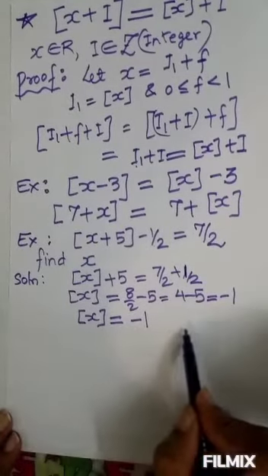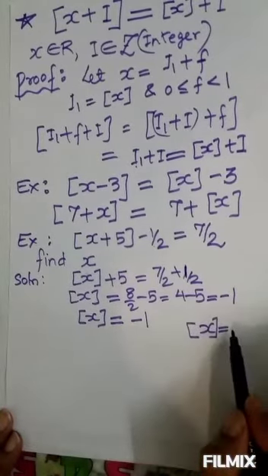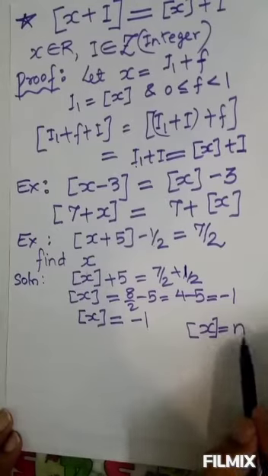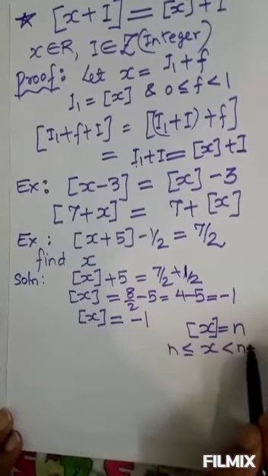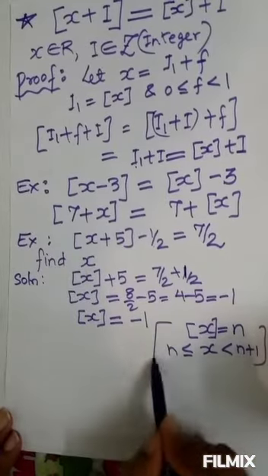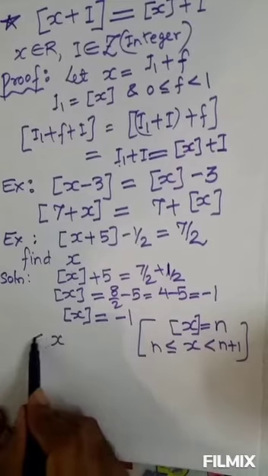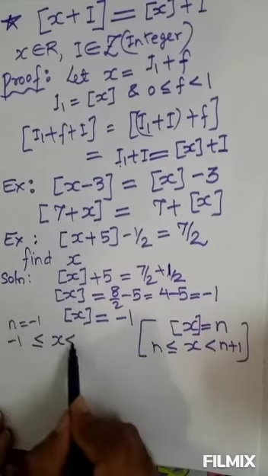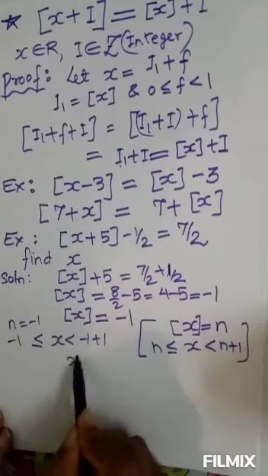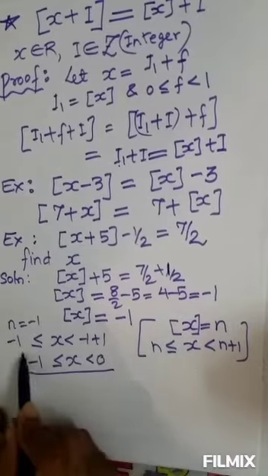We know that if greatest integer x is equal to n, then x lies from n to n plus 1. Here n is minus 1, so x lies from minus 1 to minus 1 plus 1, which is minus 1 to 0.